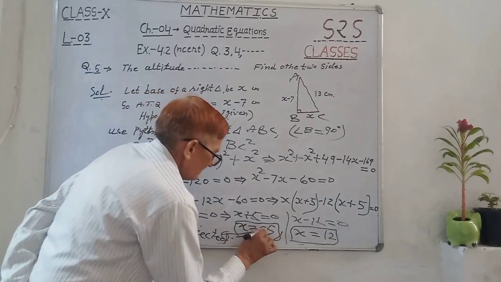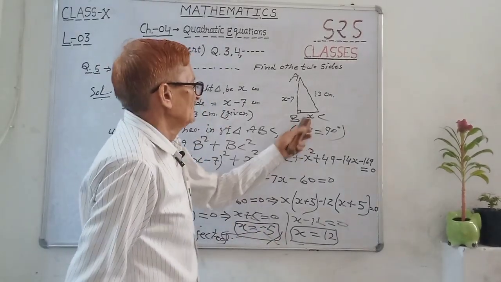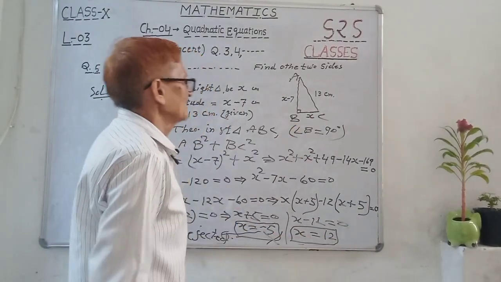This is rejected, since a side cannot be negative. x is the length of the side, so 12 centimeter.